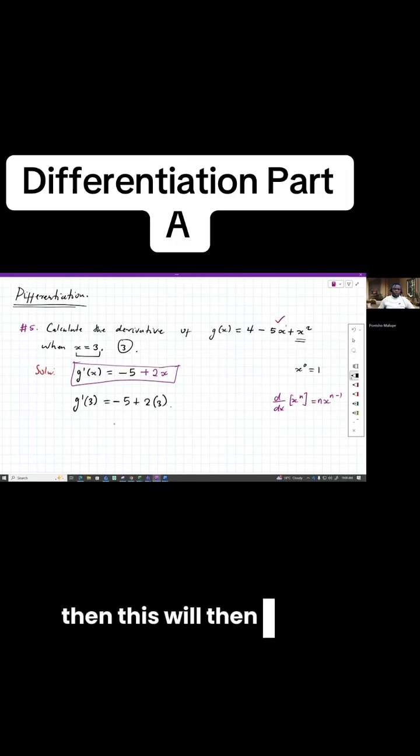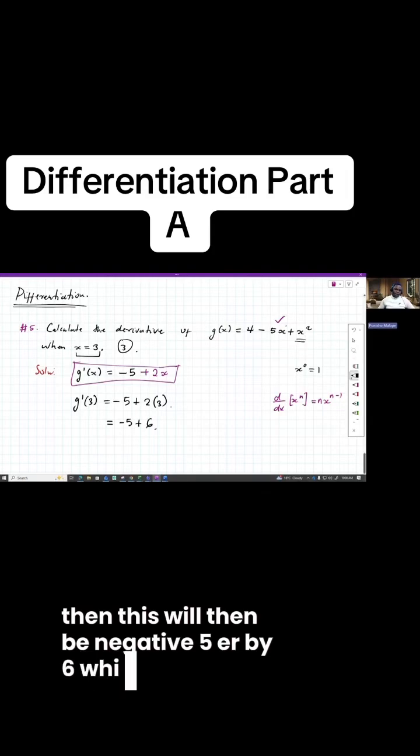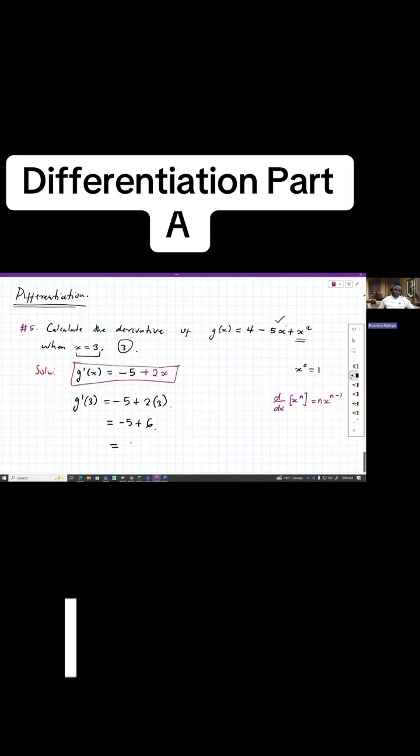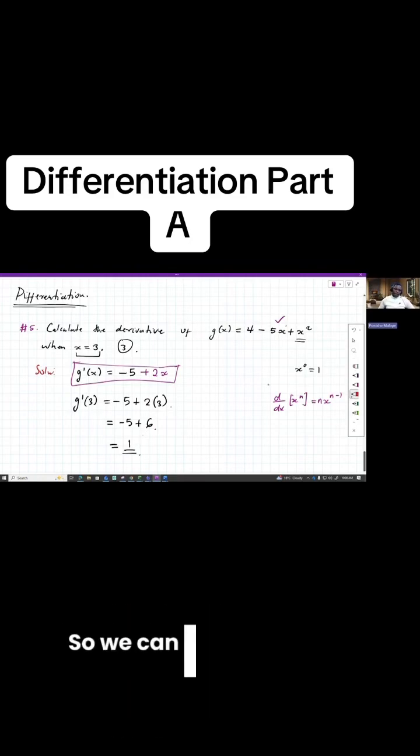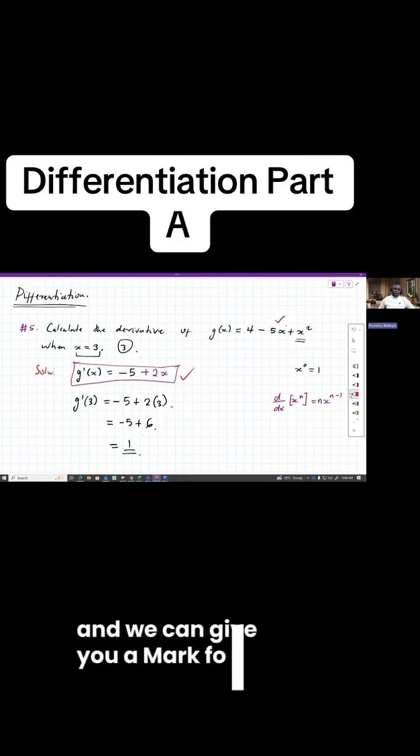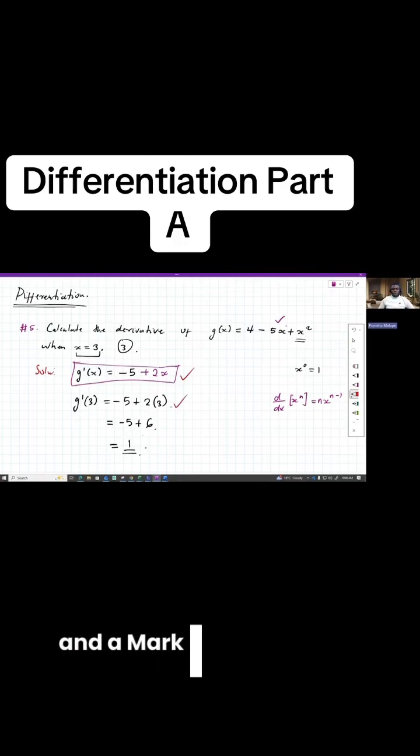Then this will be -5 plus 6, which simplifies to what? Positive 1. And this is nothing but 3 marks. So we can give you a mark for working out the derivative, a mark for substitution, and a mark for your final answer. And that will be the 3 marks there.